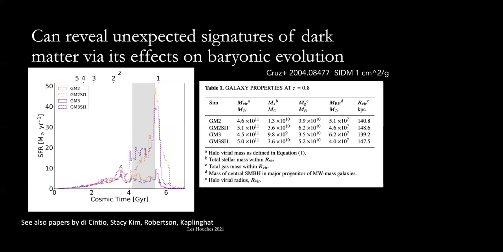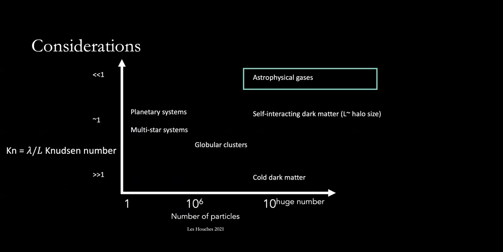Okay, so you really got to understand what's going on with the gas in galaxies on a surprisingly large range of halo scales in order to make predictions for galaxies and constrain dark matter physics with galaxies. I'm going to skip that. And so what that means is that you really have to understand astrophysical gases, which are in this very small Knudsen number limit.